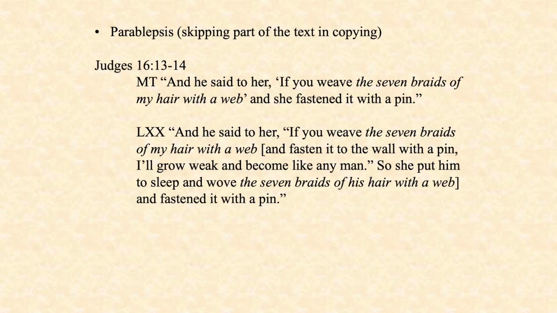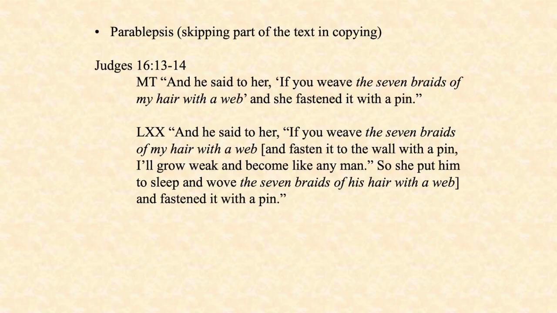Sometimes a scribe will skip part of a text in copying. So in Judges, Masoretic text, he said to her, if you weave the 7 braids of my hair with a web, and she fastened it with a pin. Well, that doesn't make a whole lot of sense. And it seems that the Septuagint is a better reading here in that it explains what's going on.